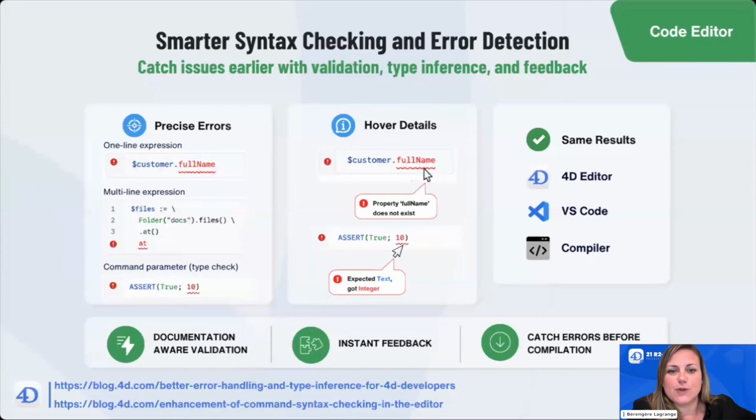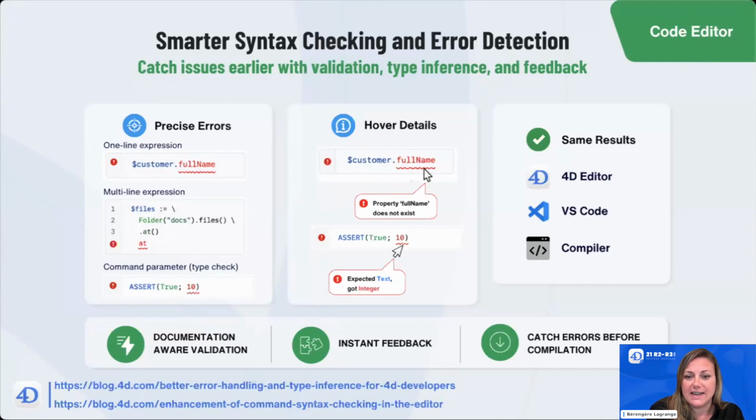Type inference is fully aligned between the 4D editor, VS Code, and the compiler, so you get the same result everywhere. Error detection is also more precise.